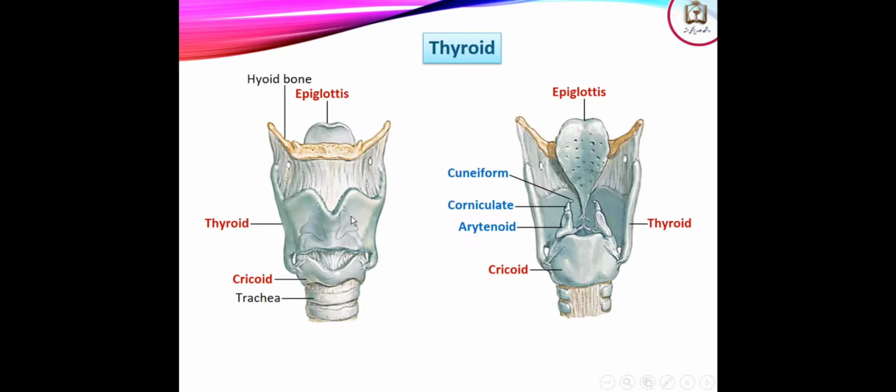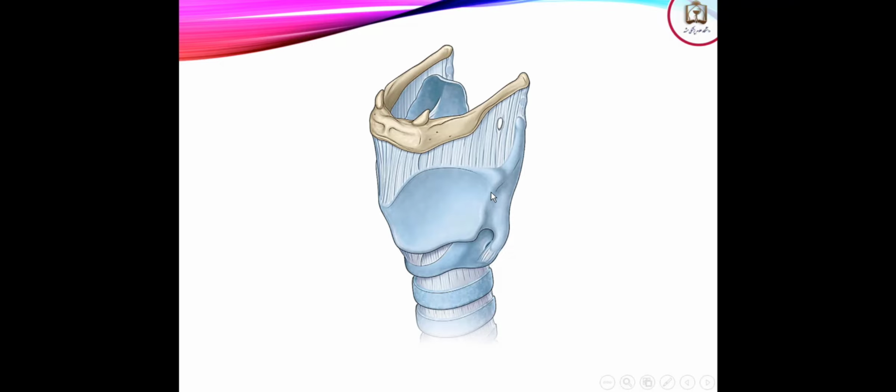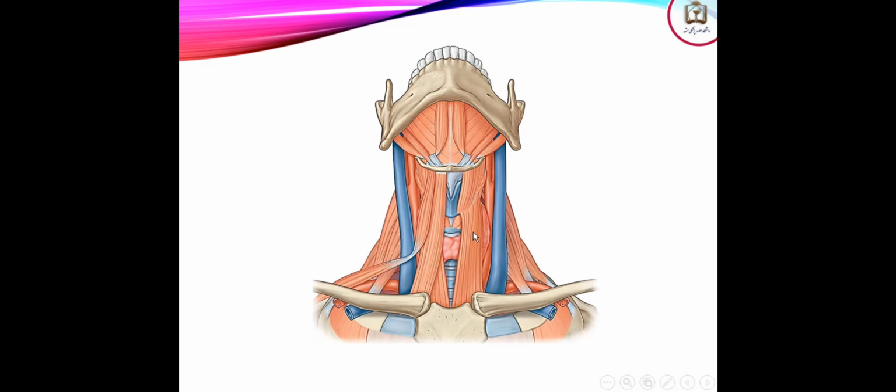On the lateral surface of each lamina, we've got a ridge called the oblique line. It's a site for attachment of some muscles. For example, this muscle between the sternum and the thyroid is called the sternothyroid muscle, which attaches to the oblique line.